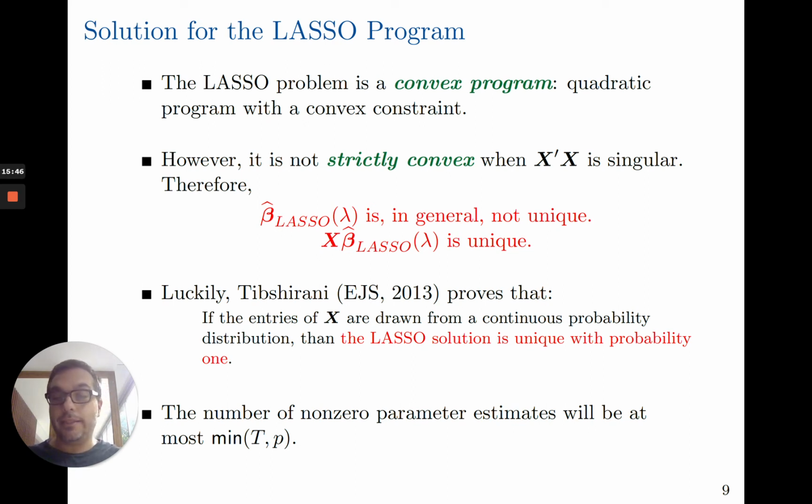And the answer is that the lasso can give only the minimum between t and p. So if p is larger than t, so if we are in high dimensions, the number of non-zero coefficients, or selected variables, will be restricted to t. So it will be restricted to the minimum value between t and p.